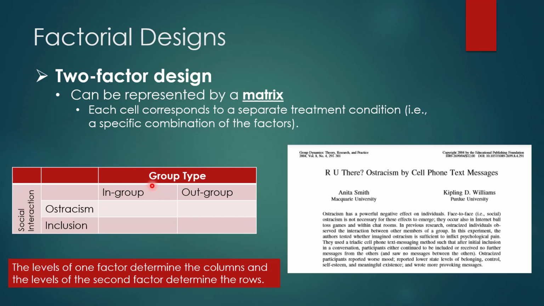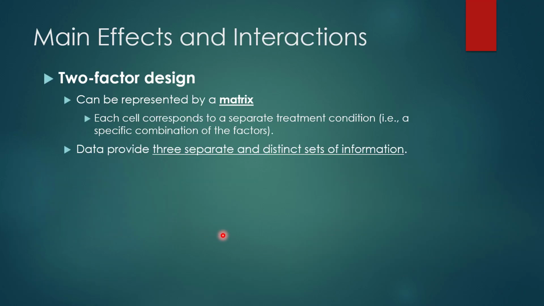So the levels of one factor are determined by columns. So here's one factor, and here we're going to see in the next slide that we're going to have total means over here. And the levels of a second factor are determined by the rows. So here are columns for one factor and rows for another factor. So the data in a two-factor design provides three separate and distinct sets of information. And we're talking just about a two-factor design now.